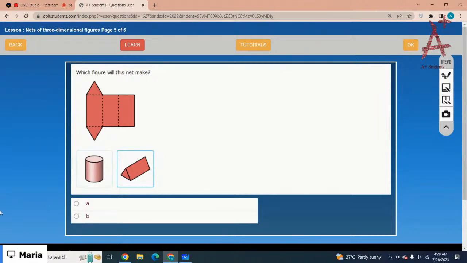The correct option is, it will make the figure that has the triangular shape.